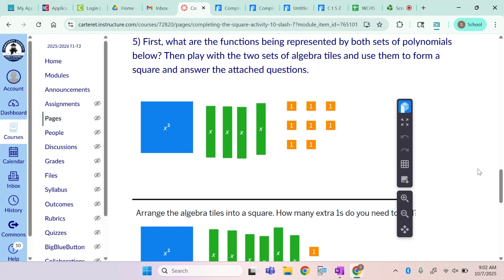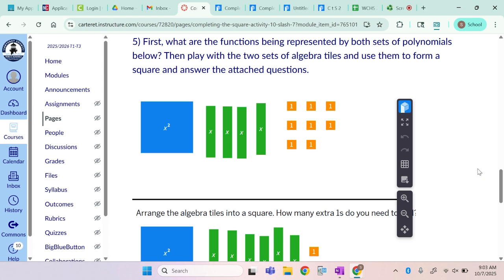Now, one person needs to be your scribe. So one person needs to do the writing, or you can switch off. It doesn't matter. But you need to talk with your group about all these questions and work together to get the answer.